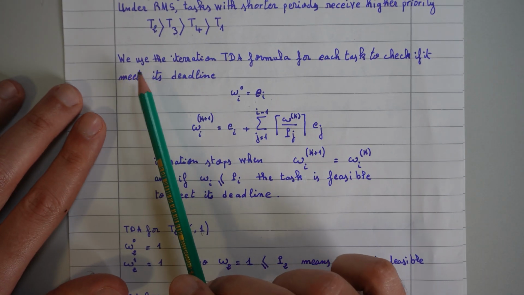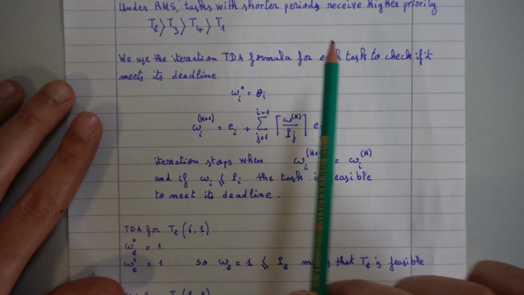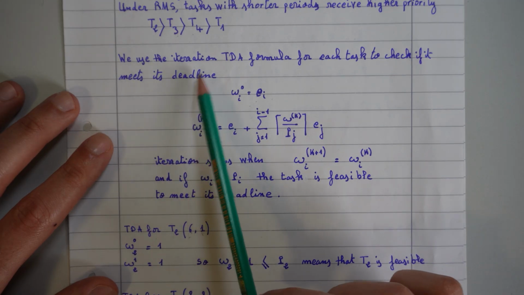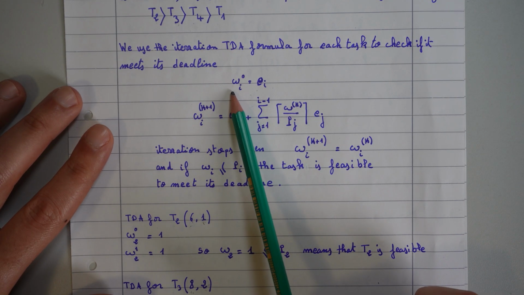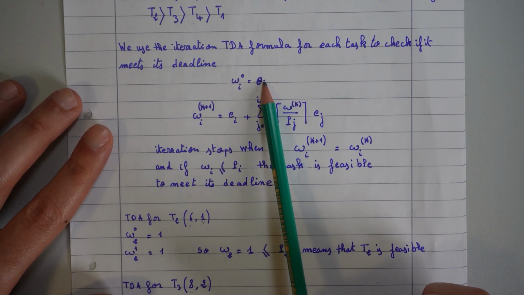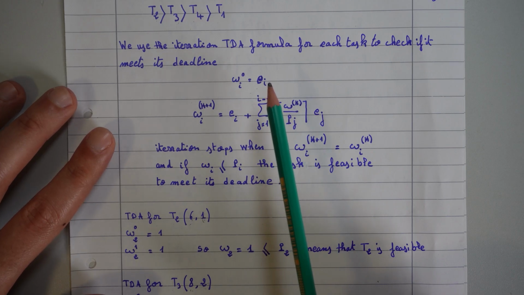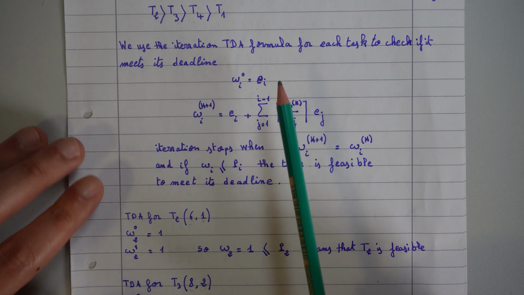We use the iteration time demand formula for each task to check if it meets its deadline. We initially set the time demand to be equal to the task execution time, because as a starting point, the minimum time needed for the task to run is its own execution time.